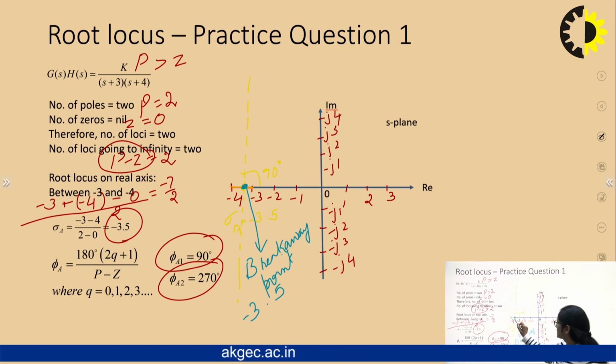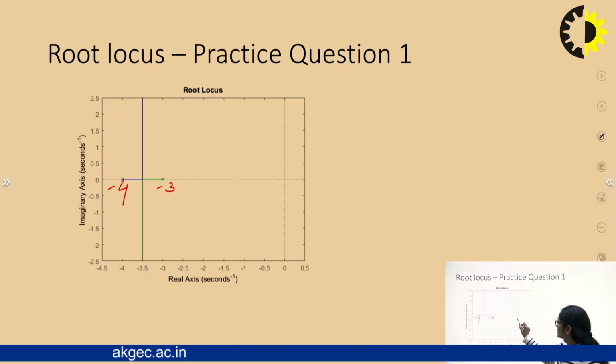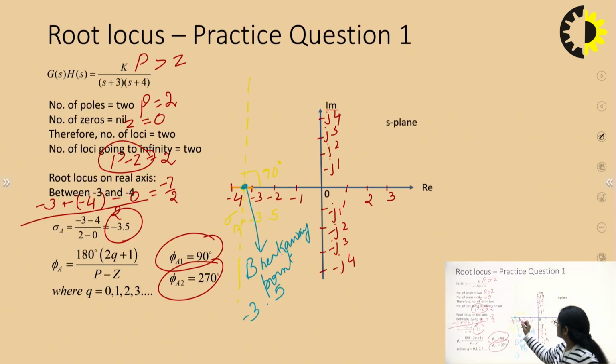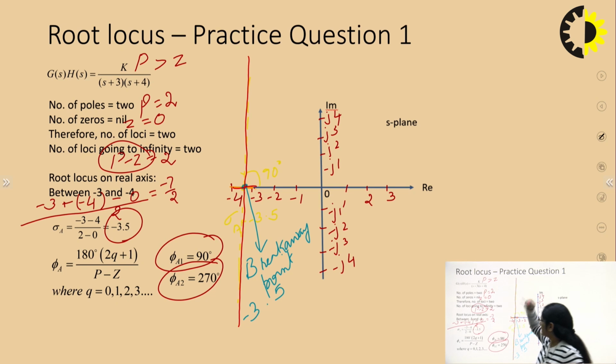So this will start from minus 3 and go towards infinity. So one locus will start from minus 3 and go towards infinity, whereas this will start from minus 4, break at 3.5 and go towards infinity.